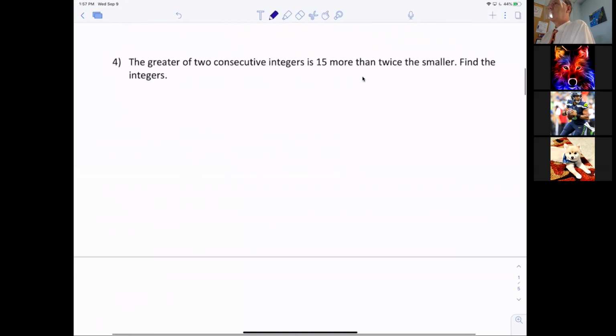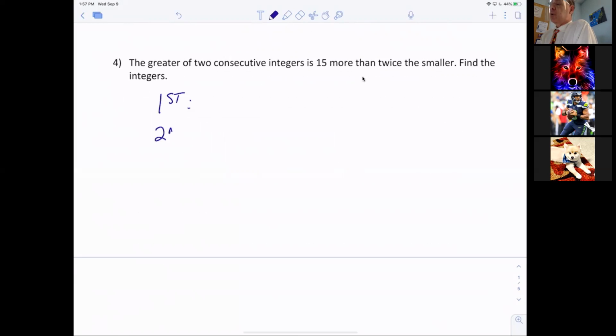All right. So now a little bit harder. Now, how many numbers are we talking about? 2, right? So now what I want you to do is put the first number and the second number. These can be very tricky if you're not careful.